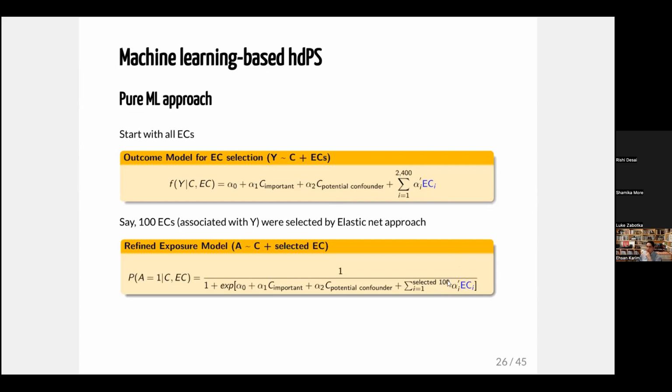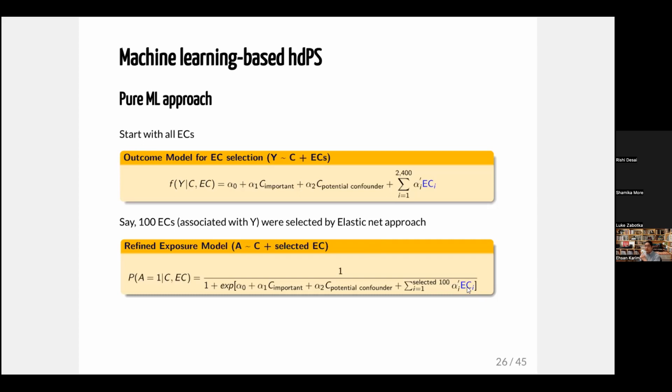So instead of these 2400 empirical covariates, you now have only 100 selected by the elastic net approach. You can do the same using the lasso method, or you can select the top 100 ranked variables found to be most useful by the random forest approach, and use those variables to build your propensity score model, right? So that is one approach.